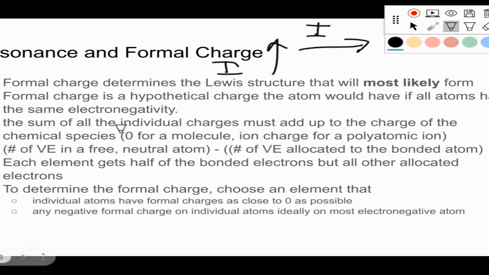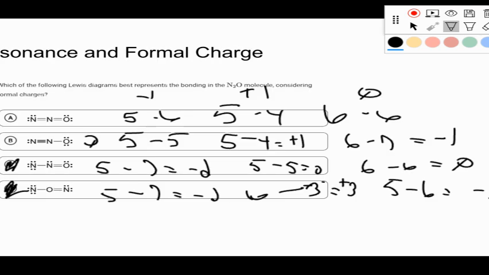It says any negative formal charge on individual atoms, ideally on the most electronegative atom. So now we're going to look at this and decide which one is the most electronegative atom. So this one is on nitrogen, and then this one is on oxygen. That negative part is. They want that negative to be on the most electronegative element.